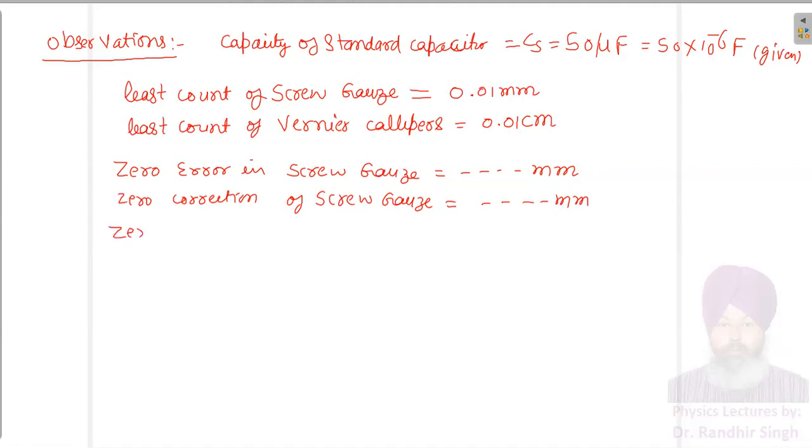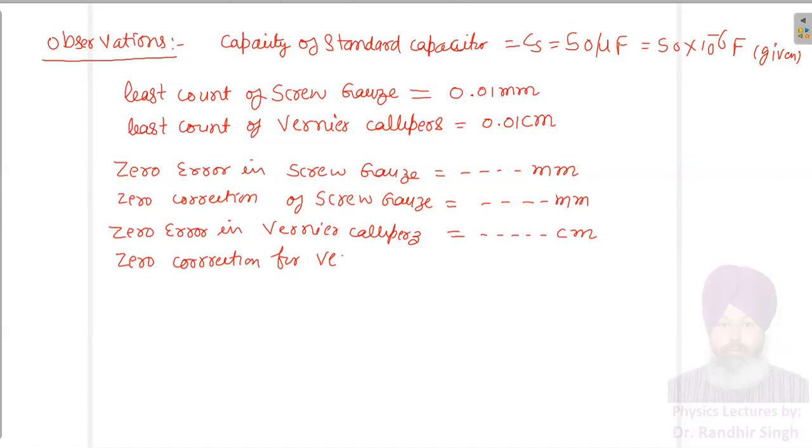Similarly, what is zero error in vernier calipers? We will find out its value will be in centimeter. Similarly, we will find zero correction for vernier calipers. The formula for zero correction is very simple. It is negative of zero error. It will be in centimeter.